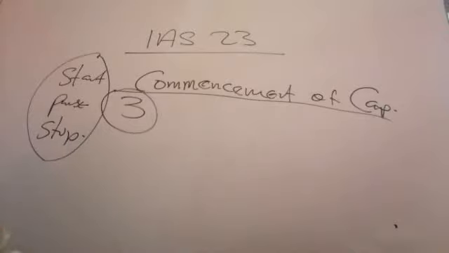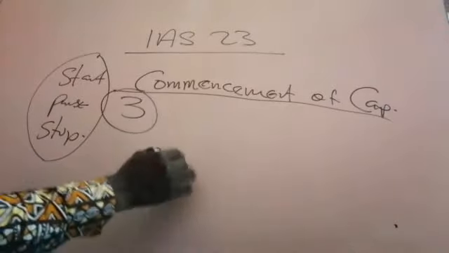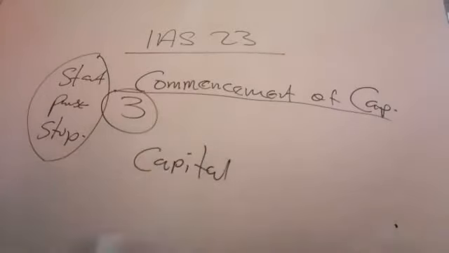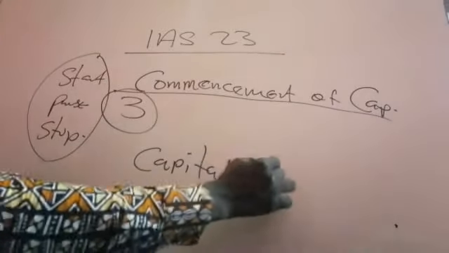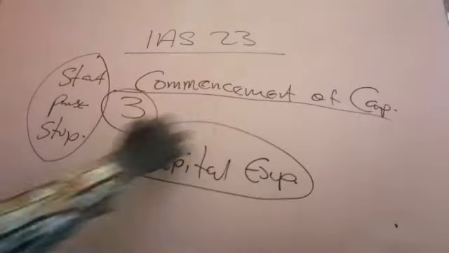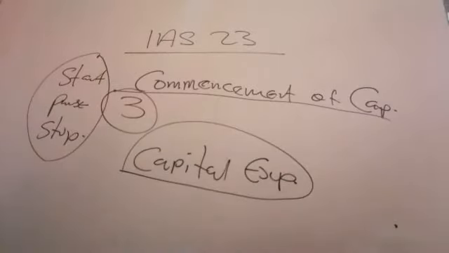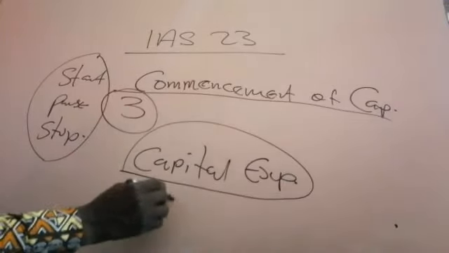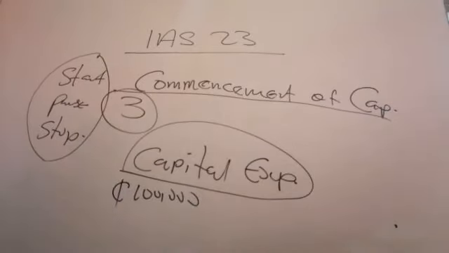You have to treat it as capital expenditure. That's the meaning of the capitalization. So you add it to the cost of the asset. So let's assume that I took a loan of 100,000 to construct an office building. And then the interest that I paid on this facility amounted to 25,000 cedis.